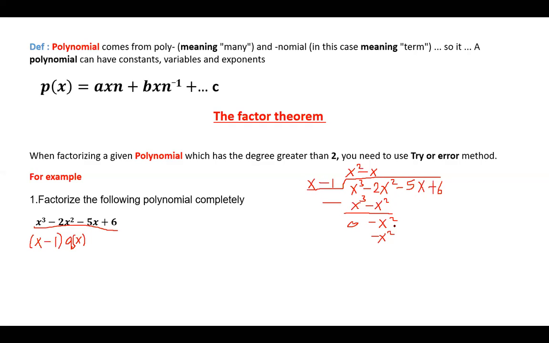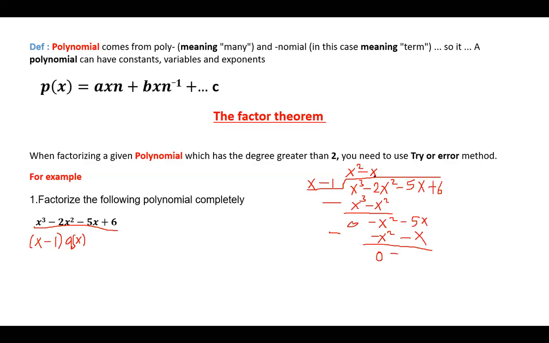Of course, you bring down the negative 5x, you put it there. Then x times negative 1, you get negative x. Again, you subtract. This will give you 0. Then negative 5x minus negative x, you get negative... let me just check the question.